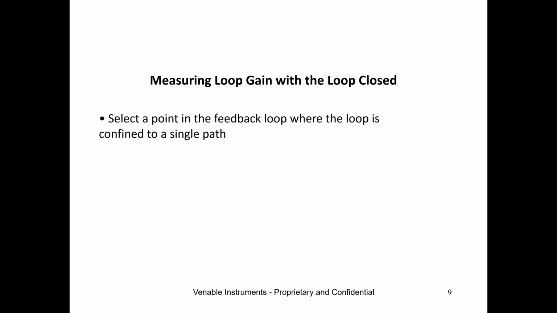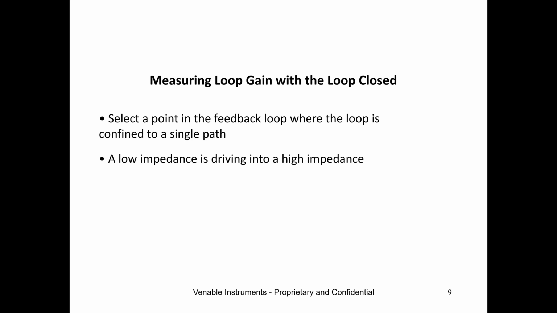And this is just the criteria for selecting that injection point: all the feedback needs to go through that, or has to be confined to a single path when you inject. You can't have any parallel paths or your results will be off. And the other is, since we're injecting a voltage, we want to be driving from a low impedance into a high impedance.